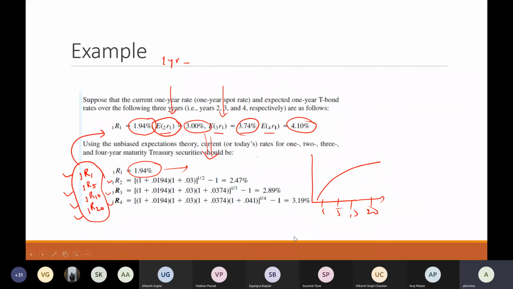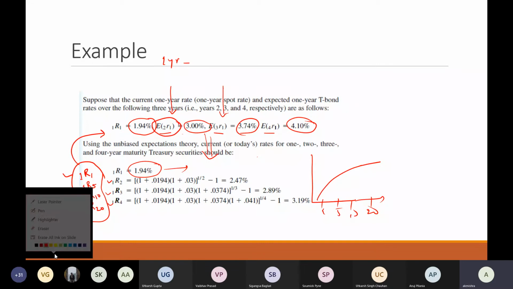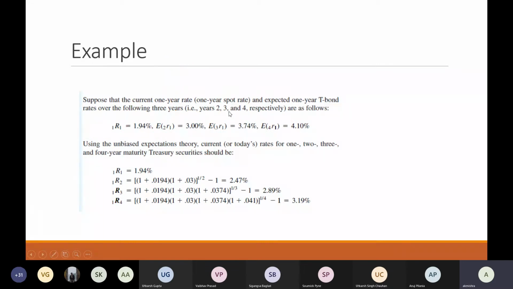And you can think about it, these numbers may be different. Let's say in case of Turkey, if you go, you will find this kind of downward sloping curve. Or in certain cases, you may find a kink shape yield curve.